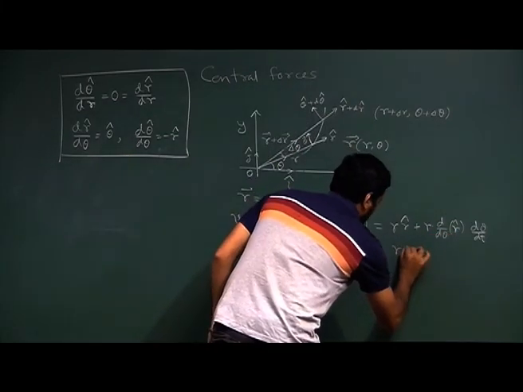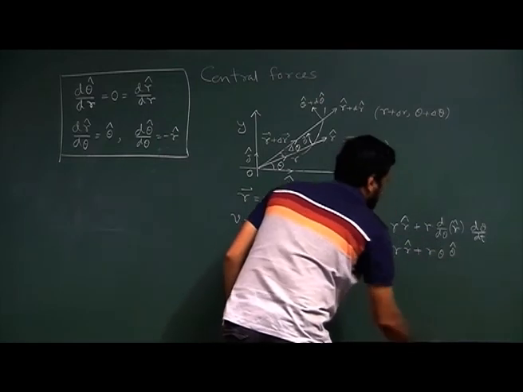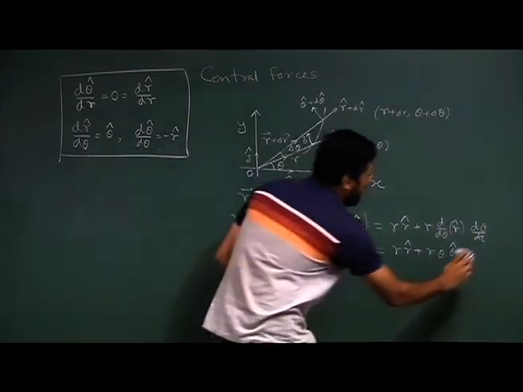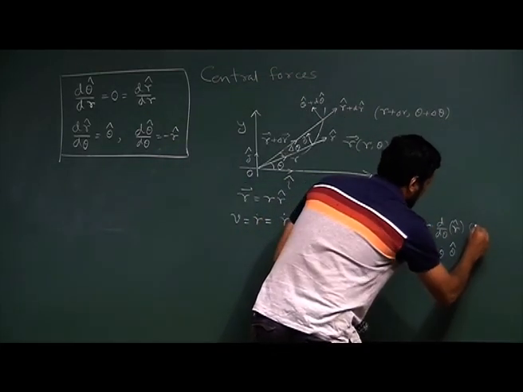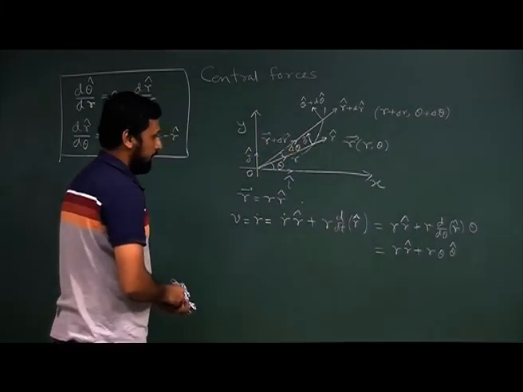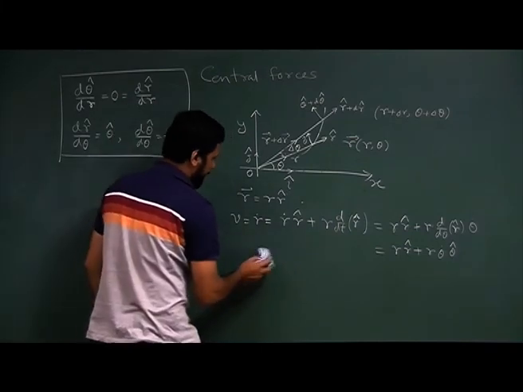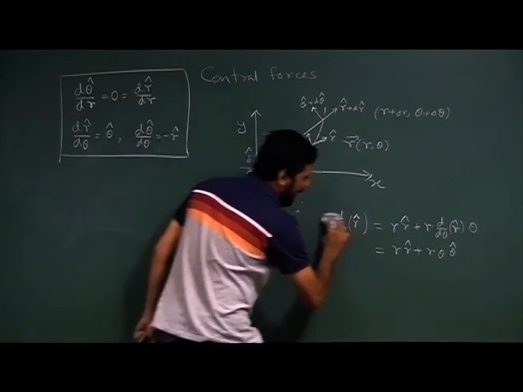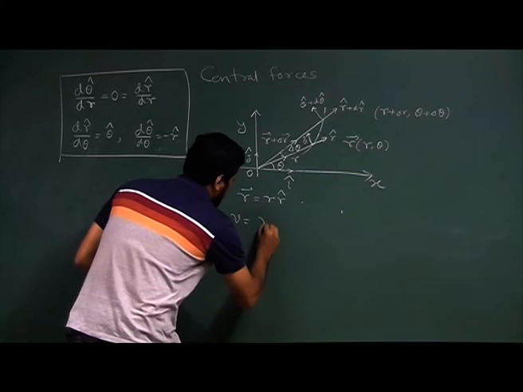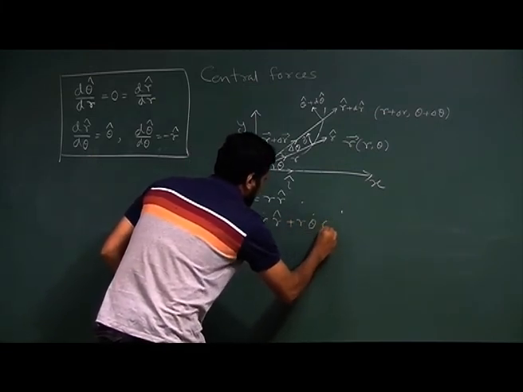So, this is r dot r cap plus r theta dot theta cap, and d theta dt is nothing but theta dot. So, this is the velocity expression. So, we get the velocity expression for the plane polar coordinate system as this. We will write it again, r dot r cap plus r theta dot theta cap.